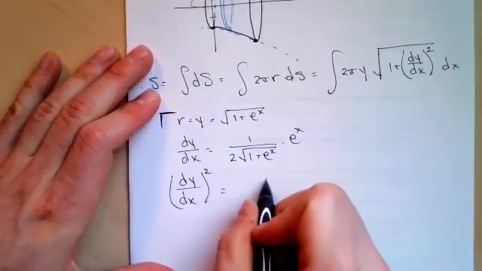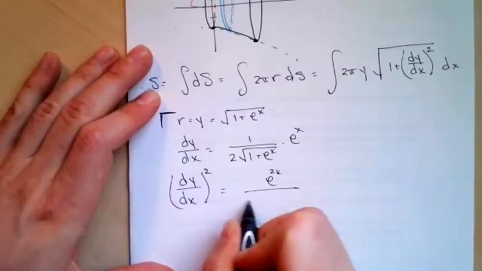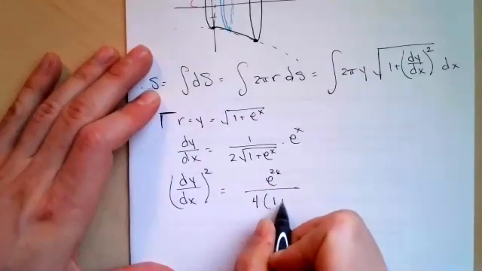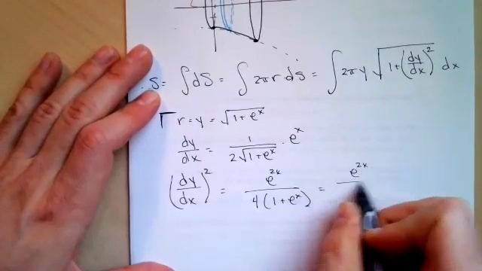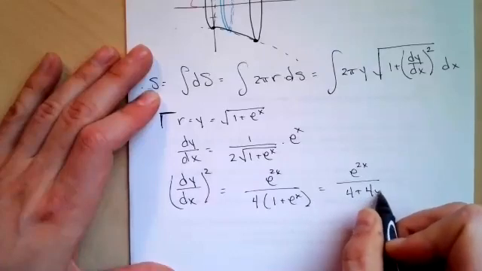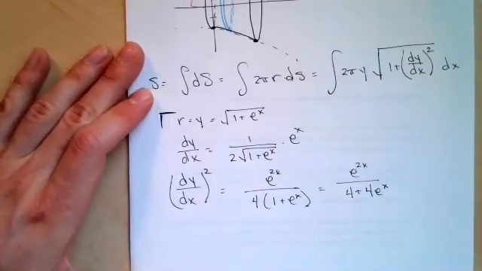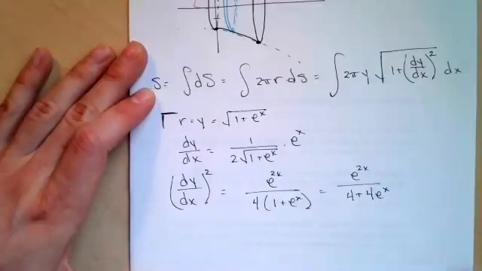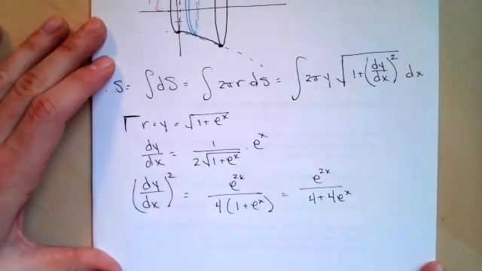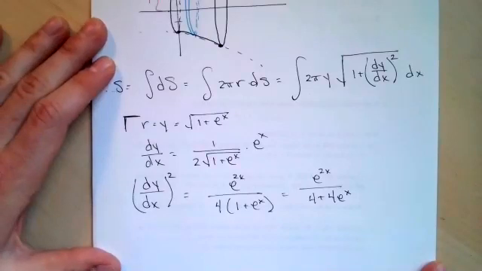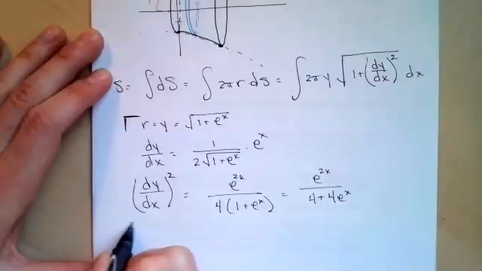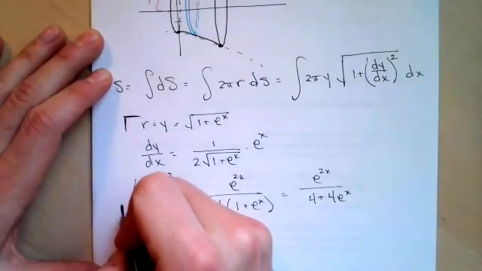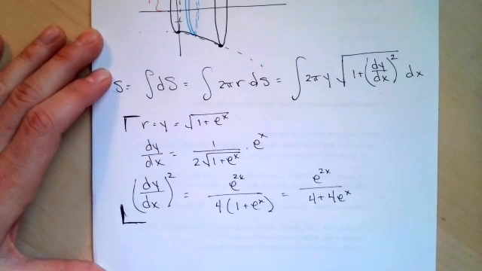So when we square it, we will have e to the 2x over 4 times 1 plus e to the x, or e to the 2x over 4 plus 4 e to the x. So those are our pieces.